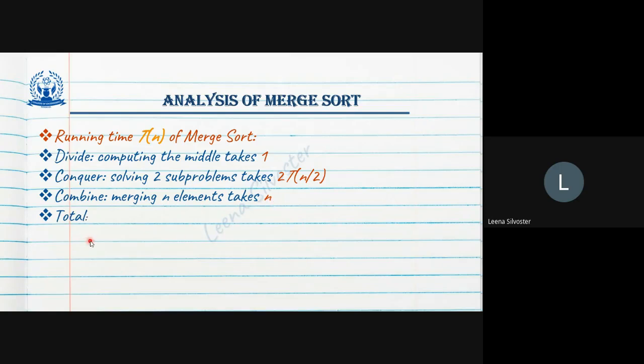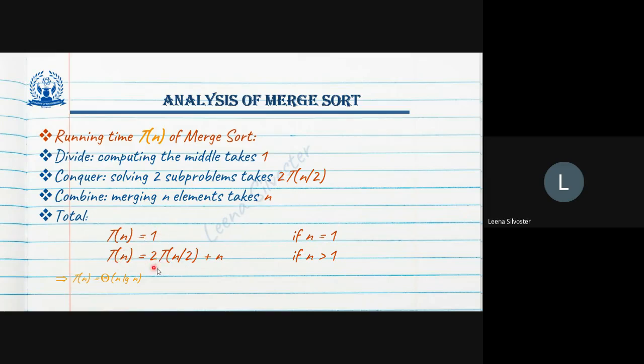So the total number of steps is T(n) equal to 1 if n equal to 1. If n is greater than 1, we use this formula. This is for conquer, and this is for merging. So finally, T(n) equals order of n log n. We have to solve this equation. Actually, it is out of syllabus. In the next semester, you will learn how to solve this type of equation.